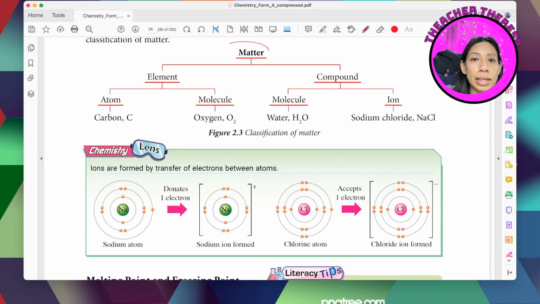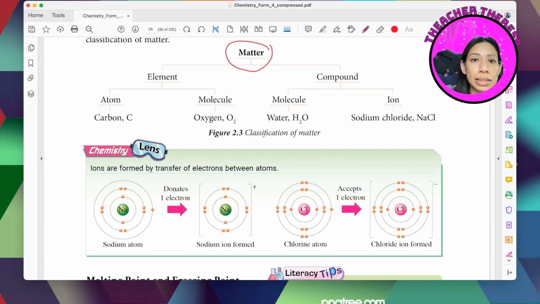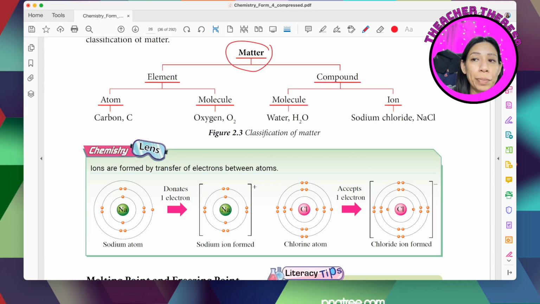Now, if you look at it in a simpler way, you know that matter is anything that occupies space and has mass. Now, because it occupies space and has mass, that means matter actually consists of particles. Now, particles can be divided into three kinds, which we call atom, molecules, and ion.